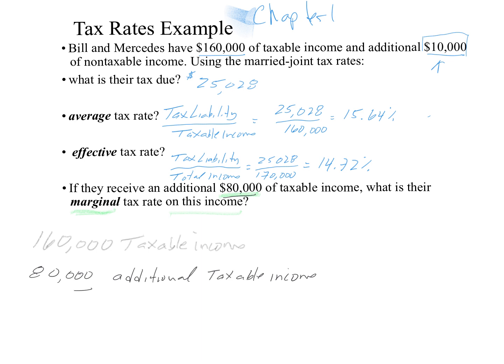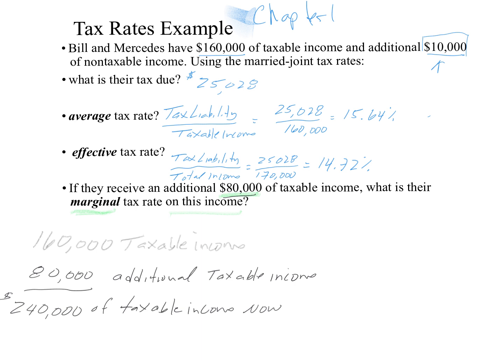So what does that do? That gives them $240,000 of taxable income now, all right?